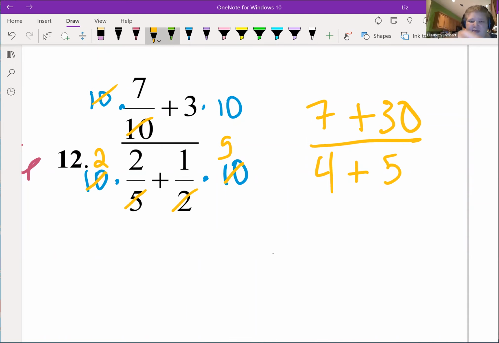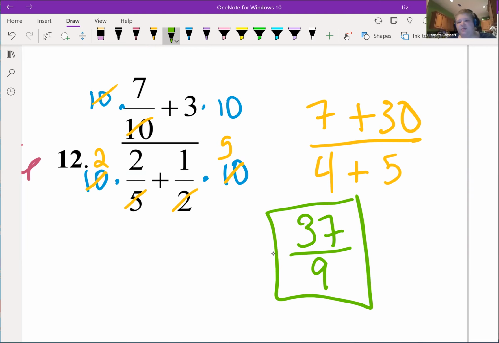So we are going to get 37 over 9. 9 is 3 times 3, but 37, 3 plus 7 is 10, which is not divisible by 3. 37 is not divisible by 3. That is the answer. Some disgusting fraction a little bit bigger than 4.